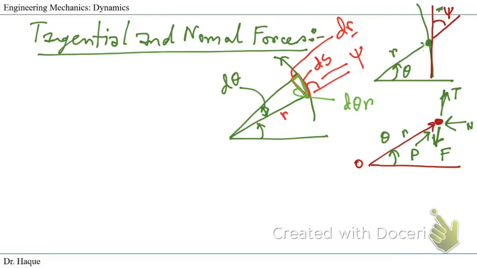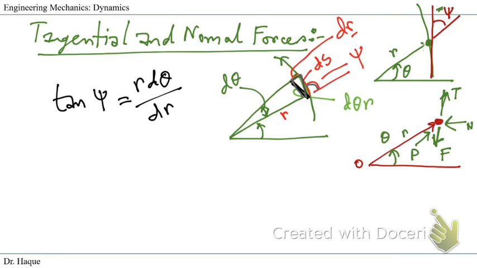So if we take this triangle here, we can use tan psi equals r d theta over dr. So this triangle we're working on, and we're looking for this angle.